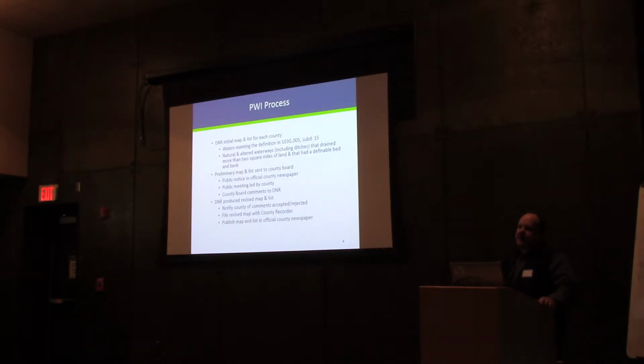And I am going to talk a little bit about the process because it's come up a lot lately, especially since the buffer mapping project. Public waters is a little bit of a sleepy program. And with the advent of the buffer mapping project, issues regarding public waters erupted through landowners around the state.